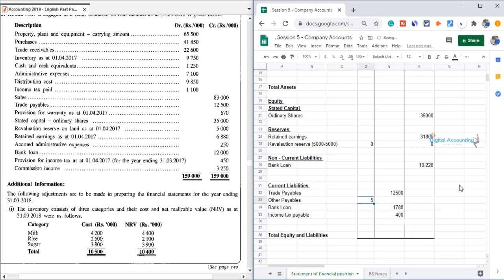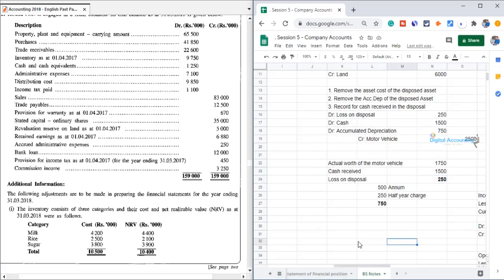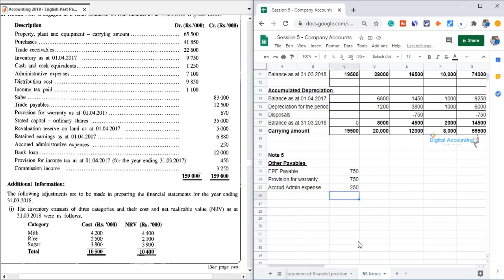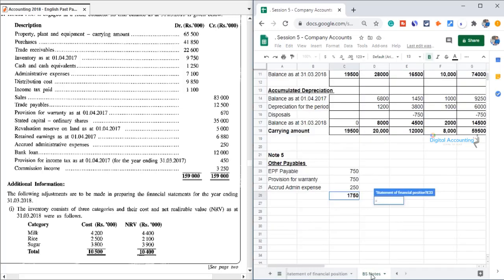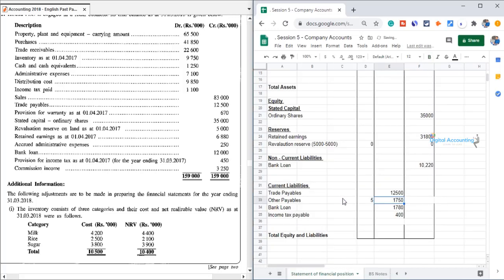Okay. Other payable should come from note 5. So balance sheet notes, note 5. That is 1,750. Okay, bank loan part is 1,780. Income tax payable 400.